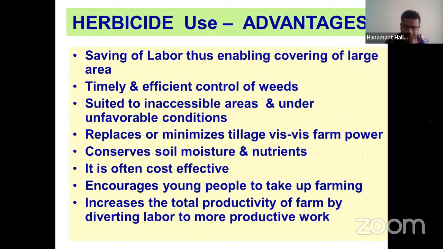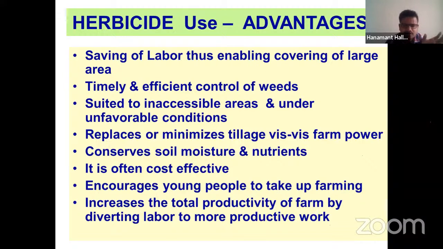So I just discussed the use of herbicides and their advantages. Again, I am telling that this method saves labor, thus enabling coverage of large areas. Then timely and efficient control of weeds, suited to inaccessible areas and unfavorable conditions.